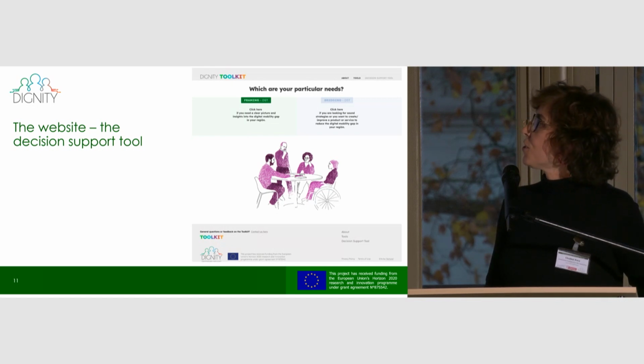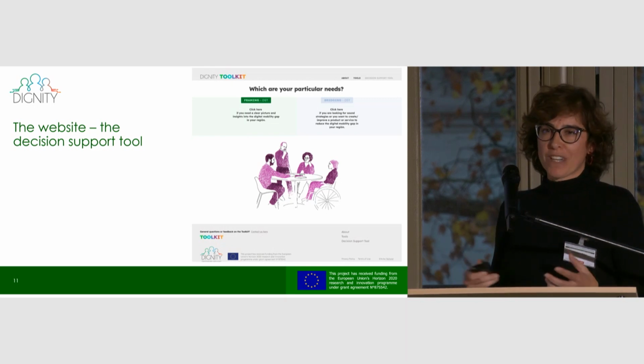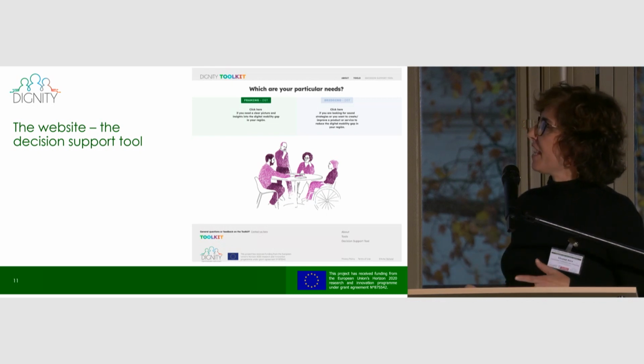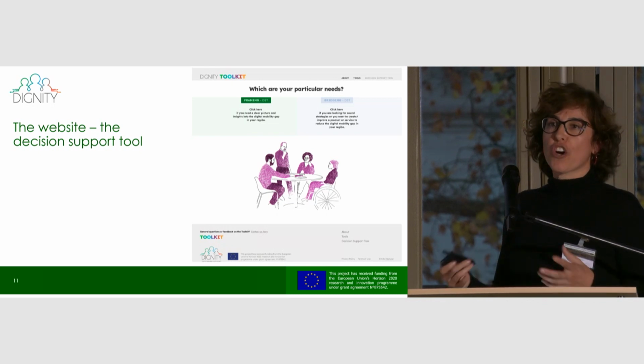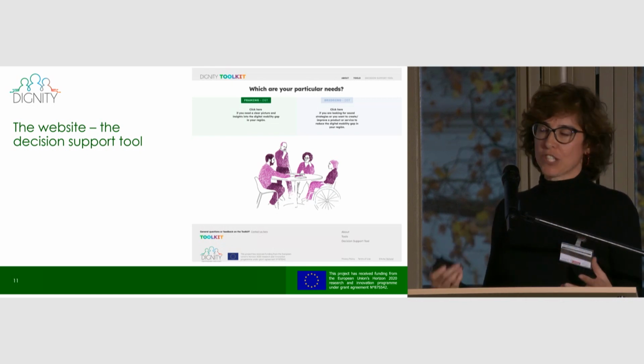And if you want to use this website and you don't know exactly which tools you have to use, the system, according to your needs and your demands, recommends a set of tools.